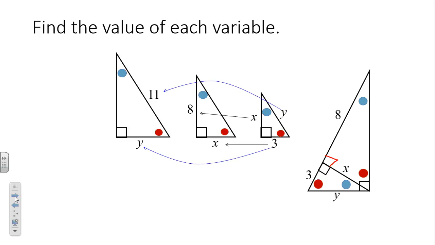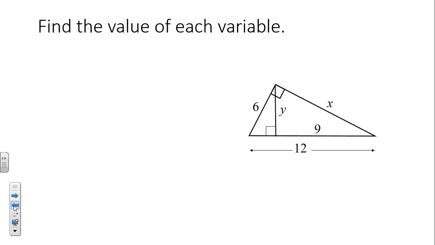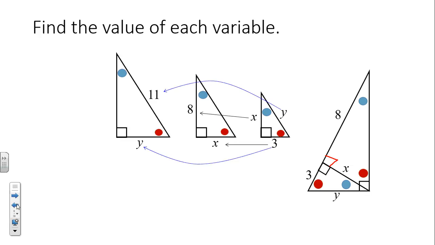Okay. So here's how the proportion's set up. Okay, so let's set up our proportions. Do we want to find x first or y? X. Okay. So 3, if we go small to medium, baby bear to mama bear, right? Then we're saying 3 is to x as x is to 8.